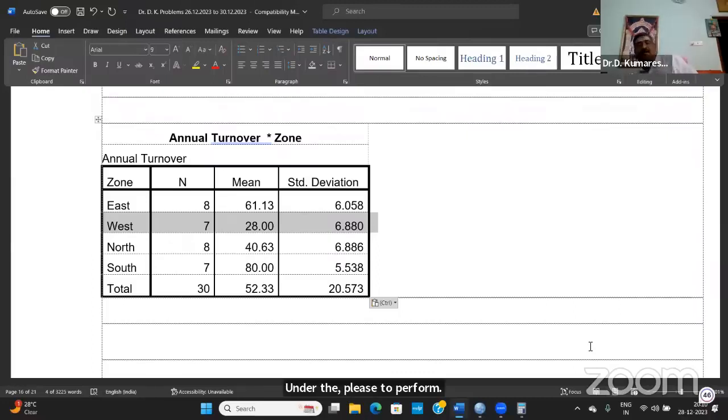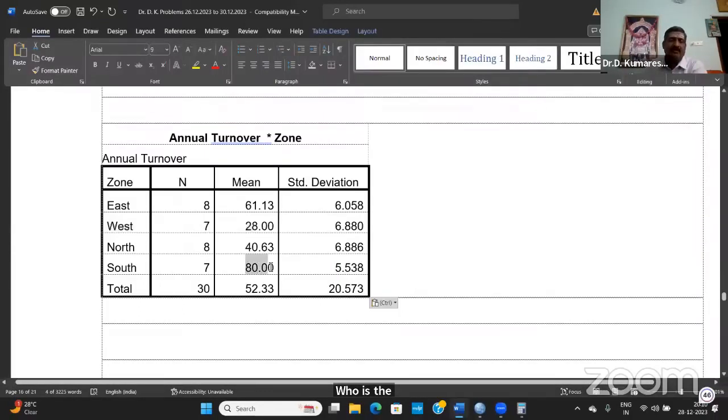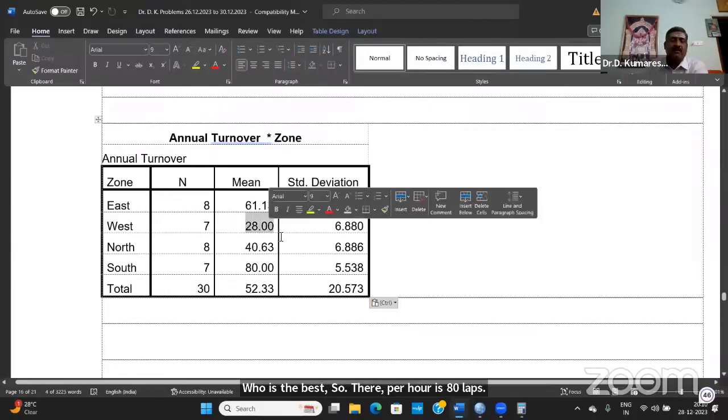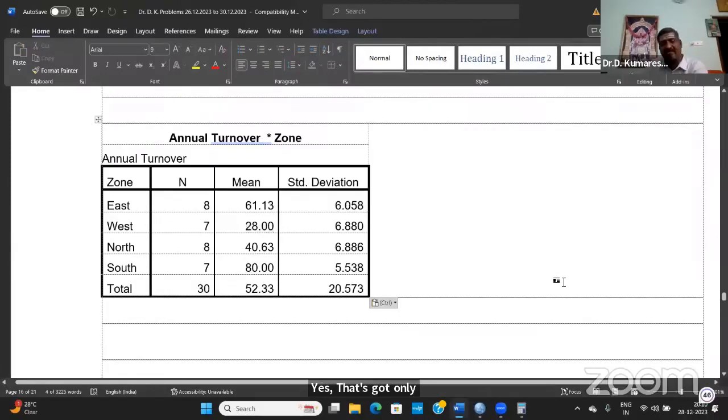Who is the best performer? South. Their turnover is 80 lakhs. West zone has got only 28 lakhs.